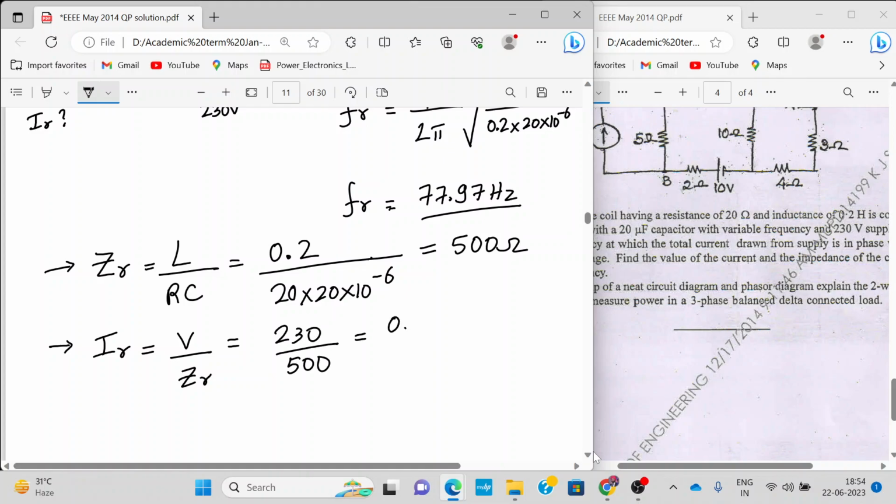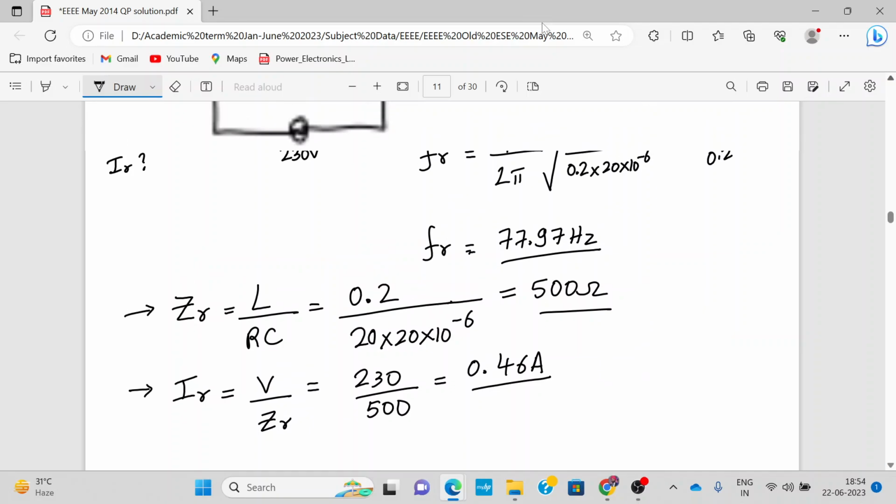So this comes out to be 0.46 amperes. So straight away, as I told you, just the three formulas are required. That's it. Series, parallel, resonance, AC circuits are important. You need to know the concept, the formula, and when to apply what. And you should have the presence of mind to have used the correct formula.